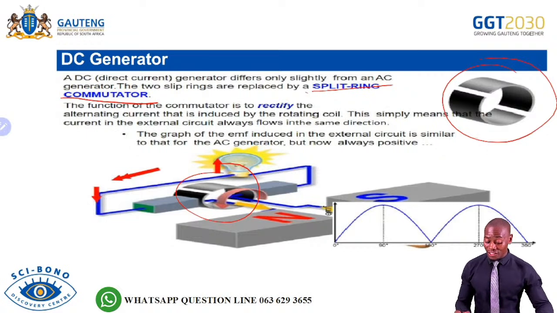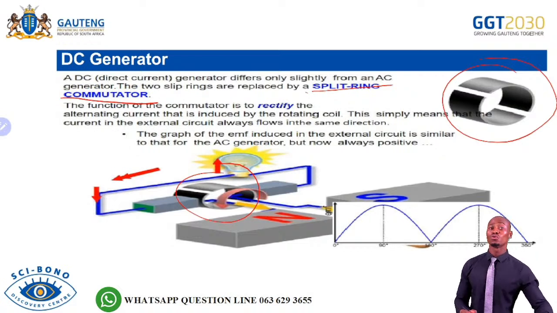And what is the function of this split ring commutator? Is to ensure that the current in the external circuit does not change direction. Is to ensure that the current flows in one direction.